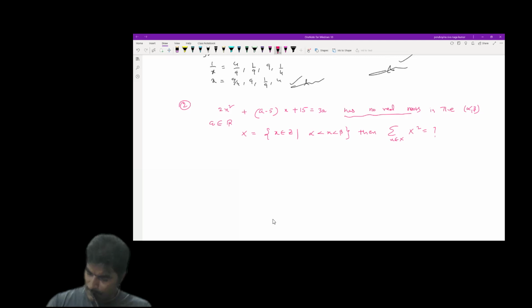So first we will take sigma x square, they are asking.